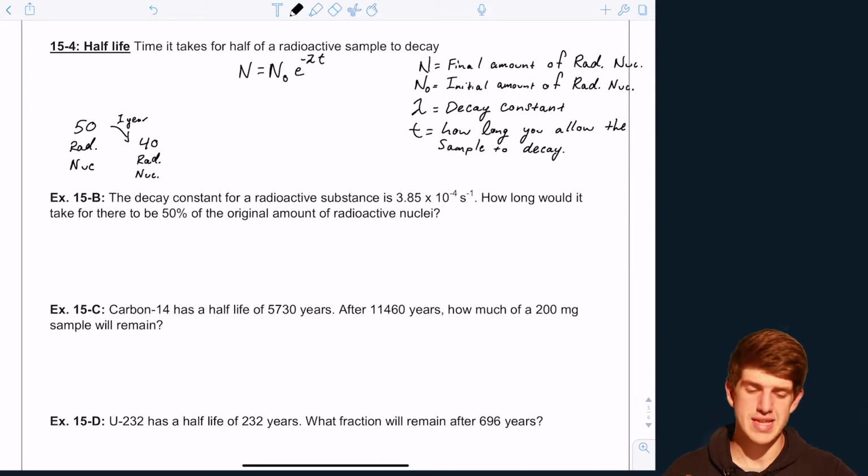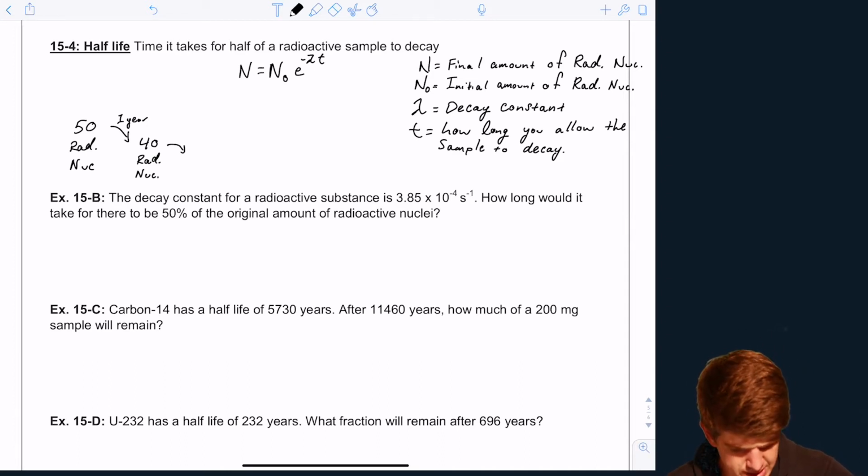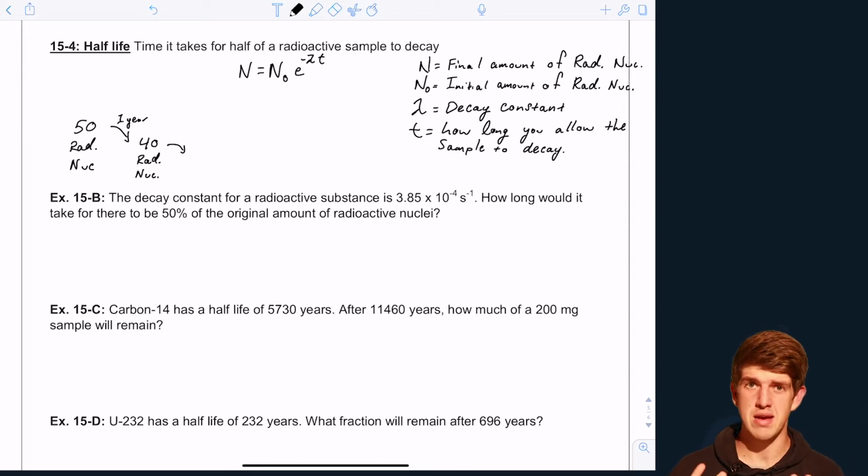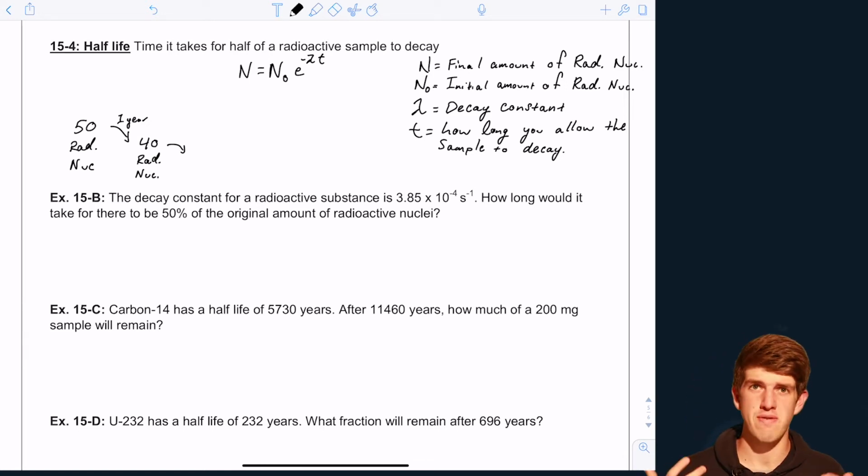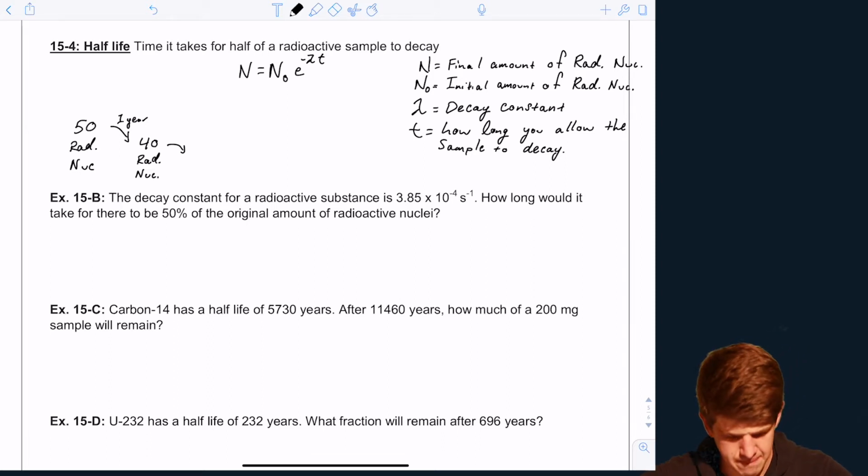So what happens the second year? Well, in the second year, I'm going to take my 40 radioactive nuclei. That's how much I had. I'm going to apply the decay constant to it. And I just established that the decay constant is 0.2. So that means that of my 40, 0.2 of 40 is 8. 8 of those 40 are now going to decay.